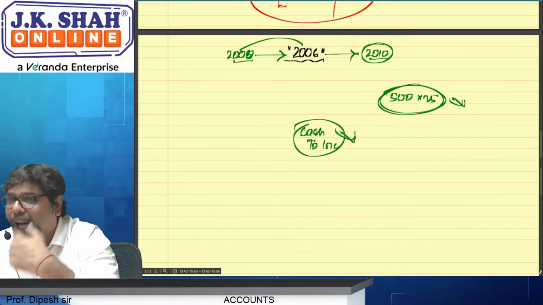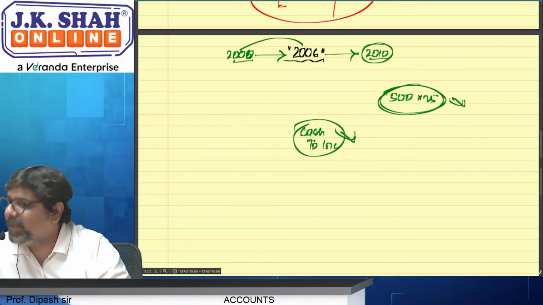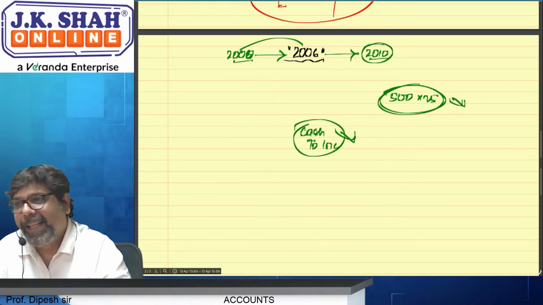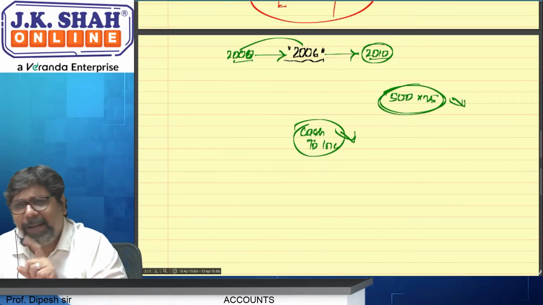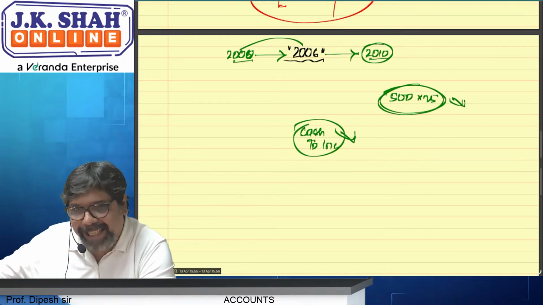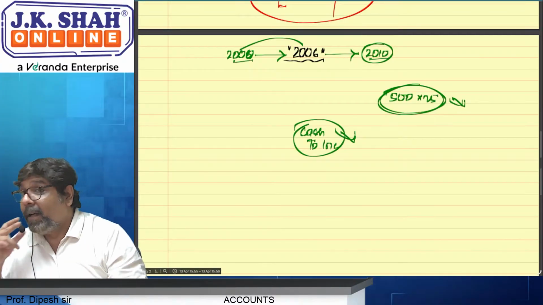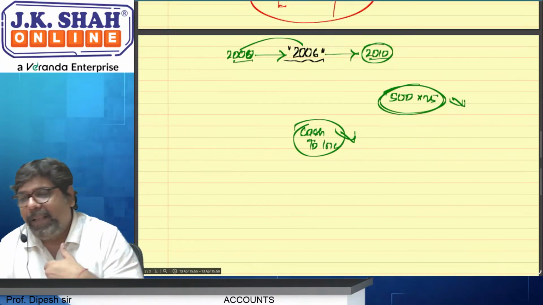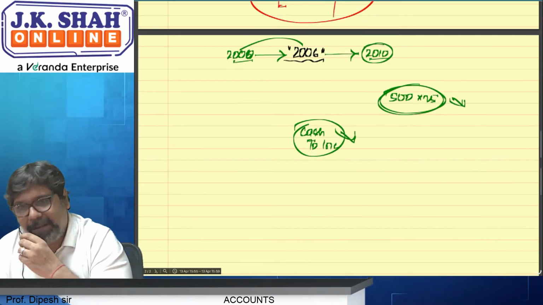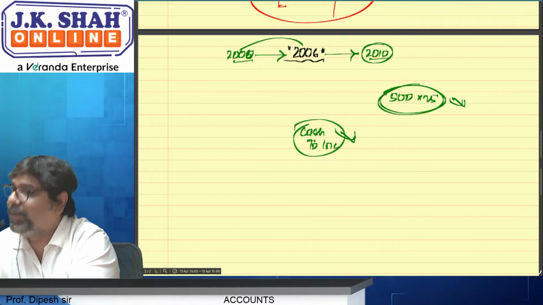When I start doubting accounting standards, that means we are saying we have better brains than AS. And AS was not framed by one person. It was framed by a group of intelligent people. Did they make mistakes? Yes. But until you understand what they are trying to say, how will we find out what mistakes they made? And even if they made mistakes, why did they do such things?